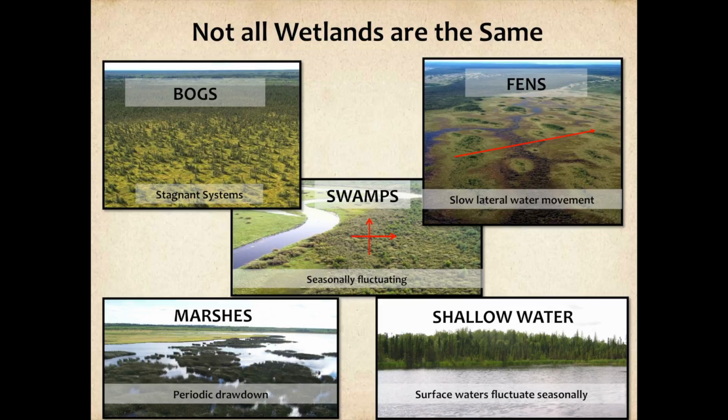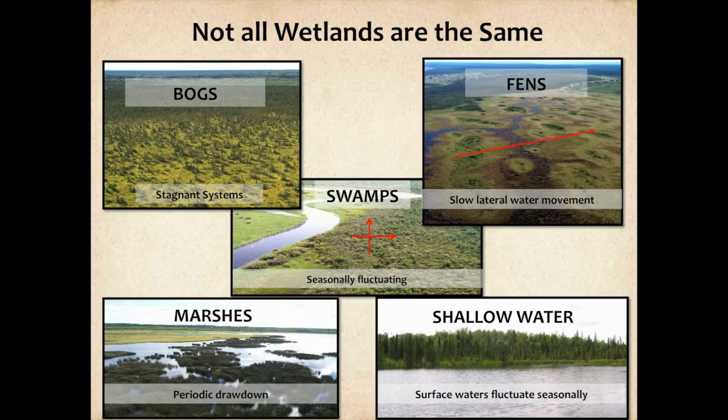Swamps, which are arguably the least understood wetland systems in the boreal, we call seasonally fluctuating, and this is a picture of a shrub swamp which Paul talked about. They have seasonal fluctuations vertically when you have spring runoff or a heavy rain event, but they also have moving water laterally. That's really important if you're putting in a road, to understand that it's not going to be contained within that stream channel.